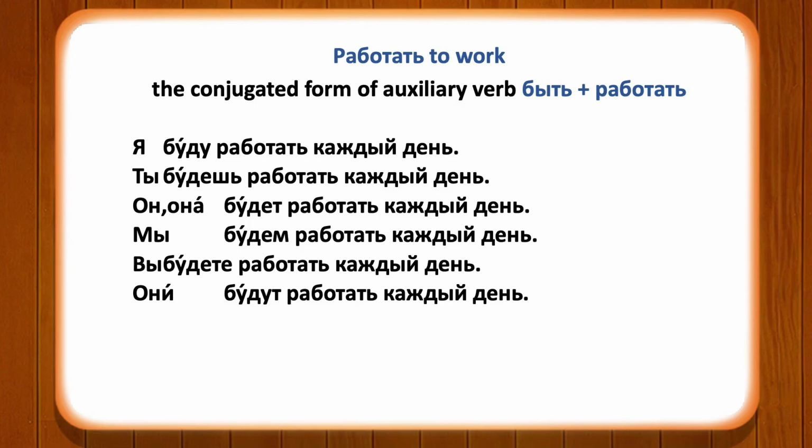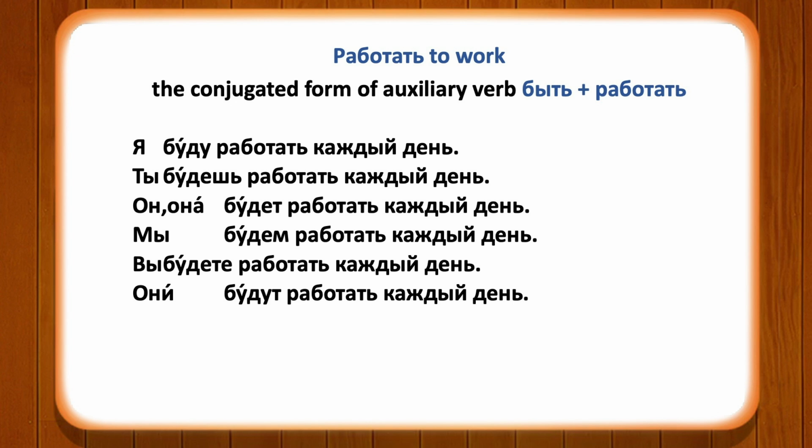Let us use the verb работать in future tense. Работать means to work. Работать is also an imperfective verb. The future tense form of this verb will also be formed in a similar manner by conjugating the verb быть followed by the infinitive form of this verb работать.